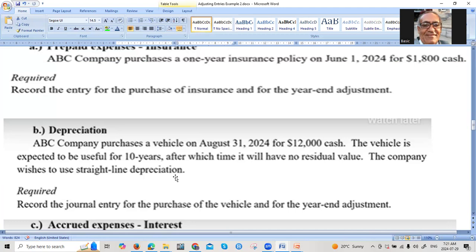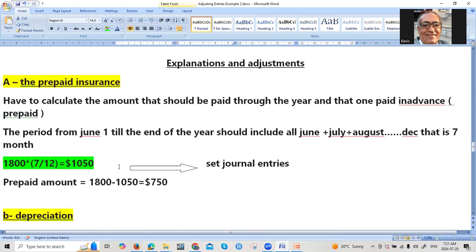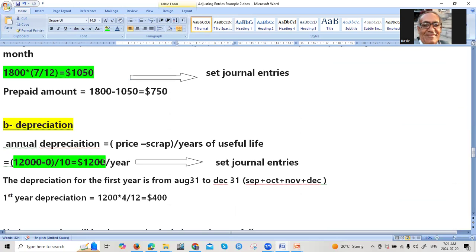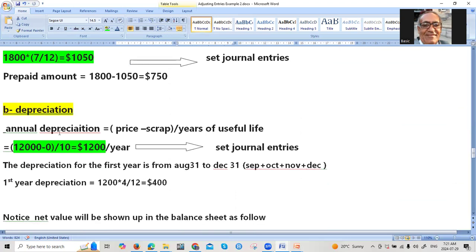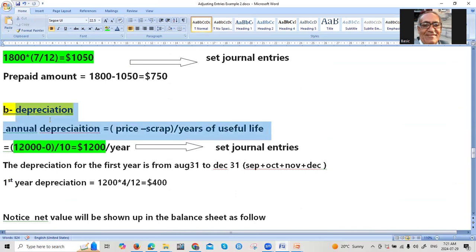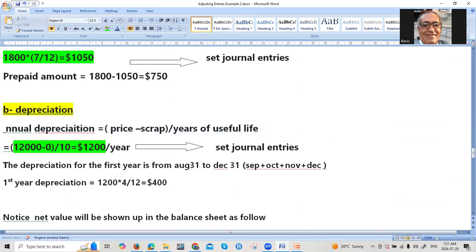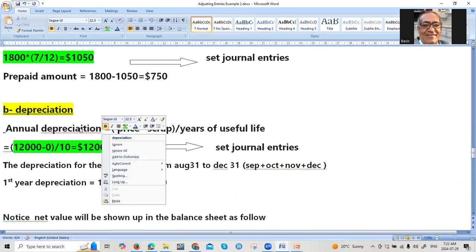But my point is I'm using the straight line method. I will go here on the depreciation part, and I would say the whole car price is 12,000 minus the scrap value. I just remind you, because we had it before, how to calculate the annual depreciation.